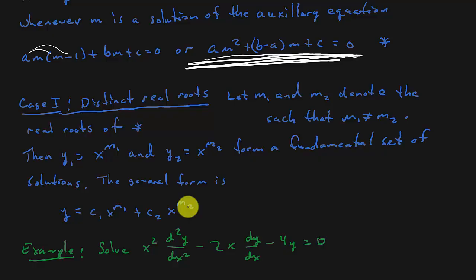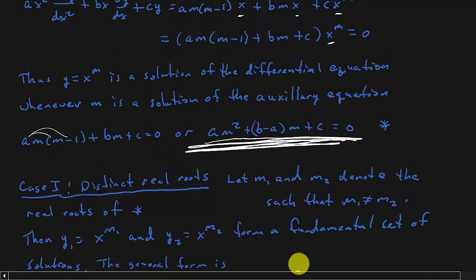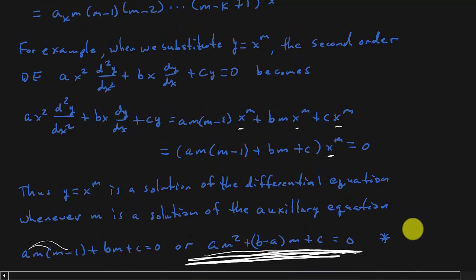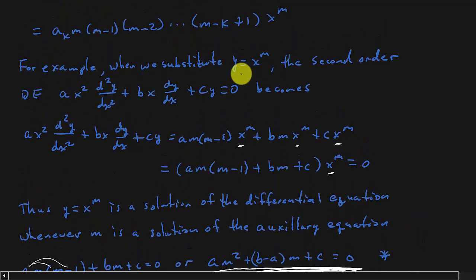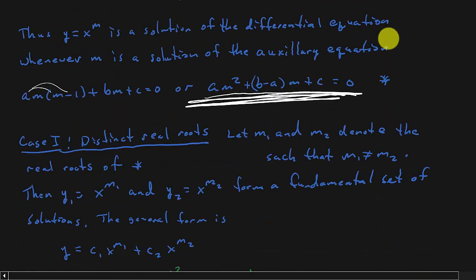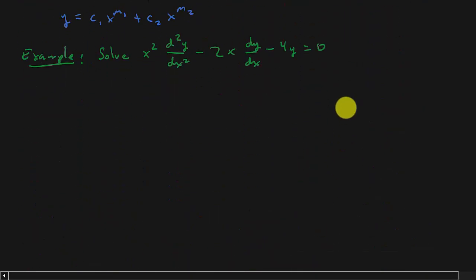Remember, for example, we substitute this solution into the equation. So we're going to assume y is equal to x to the m.